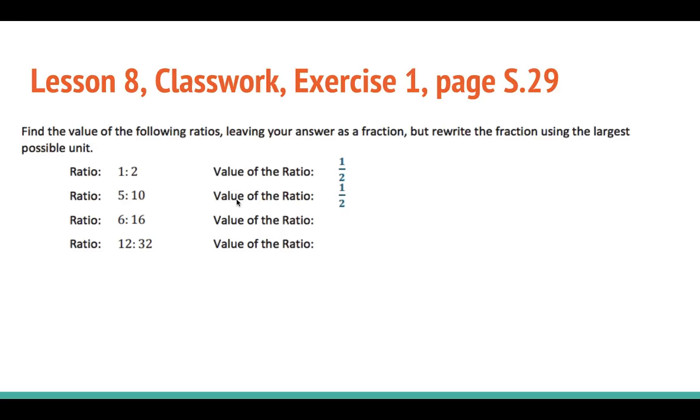If you write 5 to 10 as a fraction, you would get 5/10, and you would know that 5 goes into 10 2 times. So you simplify that fraction to 1/2.